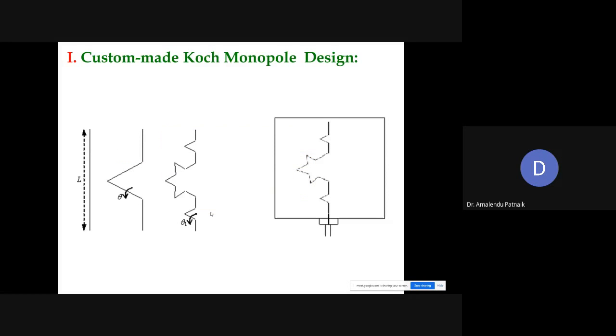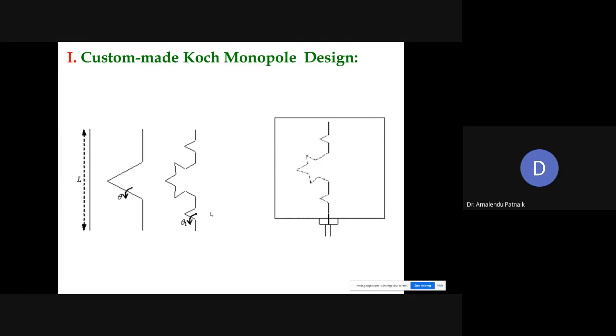Now the analysis problem is easy. That means you have a specific L, a specific theta, a specific theta 1, and from that you can find the resonant frequencies. But my problem is not that one. My problem is to design the antenna.